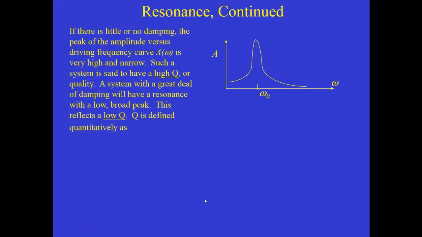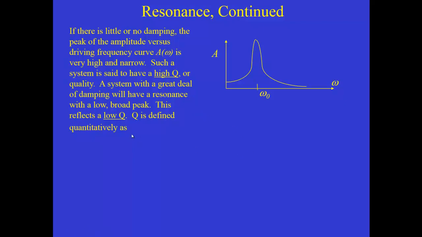So, as I said before, when you've got a system where there's not very much damping, that peak is high and very narrow. And there's a quantity called the quality of an oscillating system.